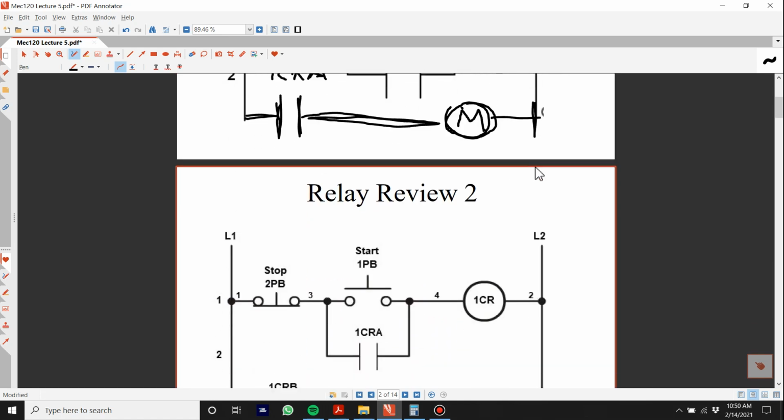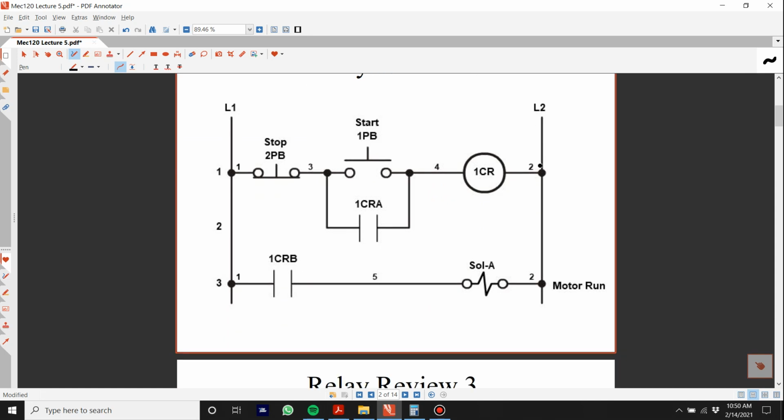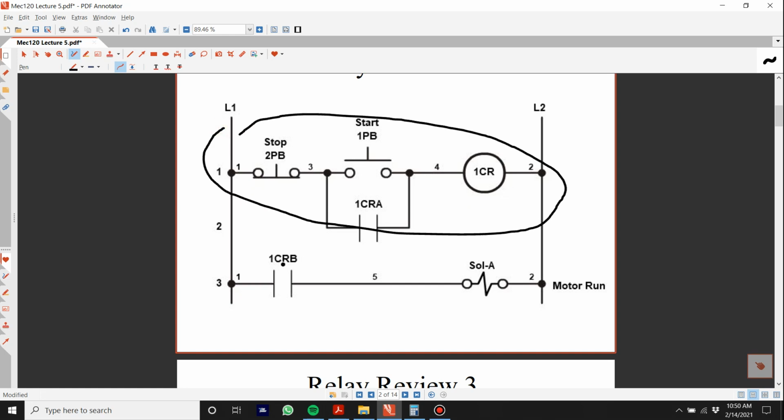So you can see down here, we have the same circuit up here, and with this control relay, we're using the other pair of contacts on the relay to turn on whatever: a solenoid, a light, a motor, a fan.